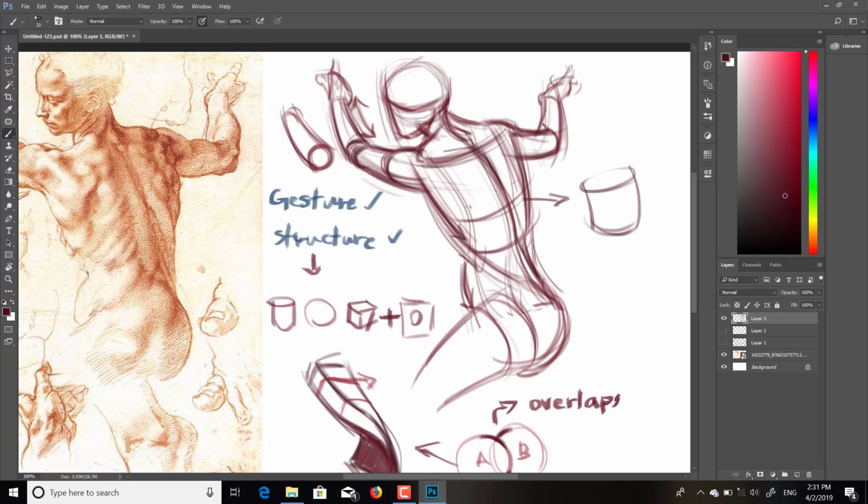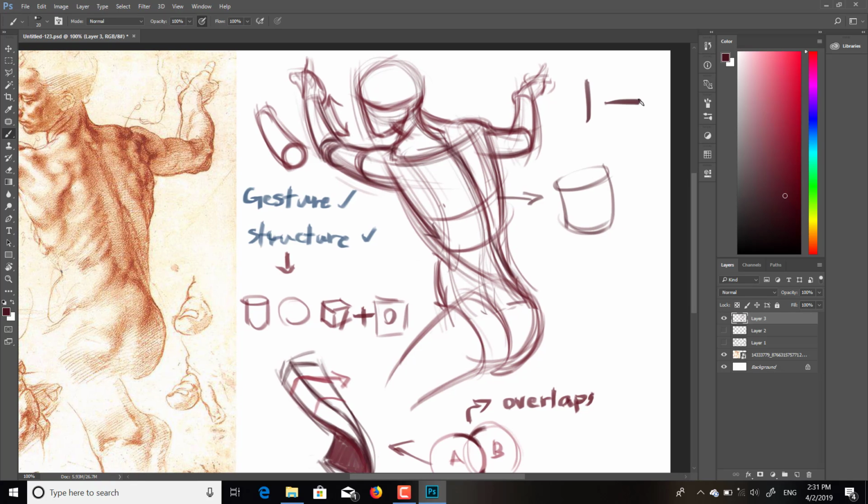And another thing is that avoid drawing straight lines, because they will make your drawing lose its movement and gesture.